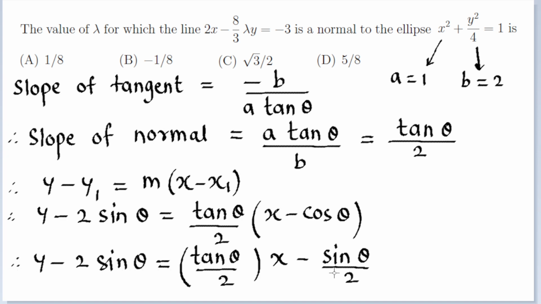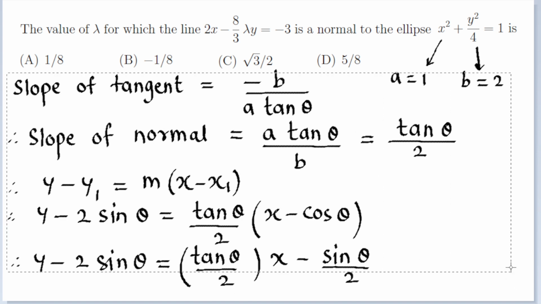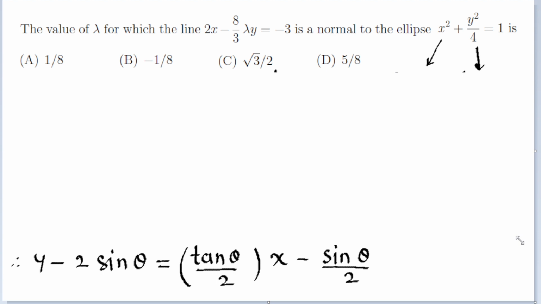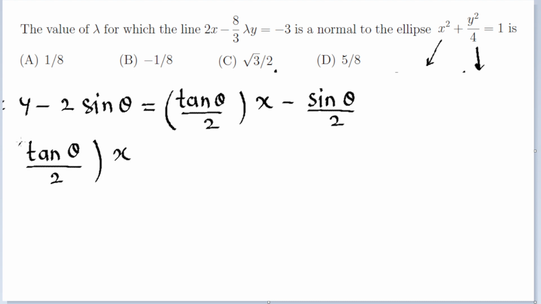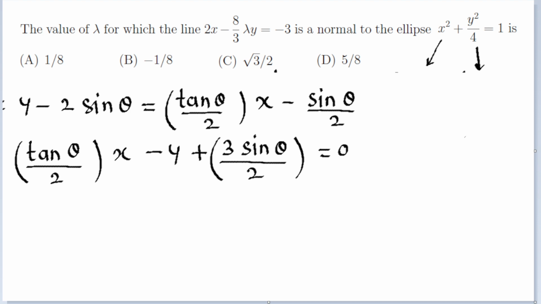So we will get finally the x term, that is tan theta by 2 times x, then you have minus y, and then you will get plus 3 sin theta upon 2 equal to 0. So this is the equation of the normal from the parametric format.